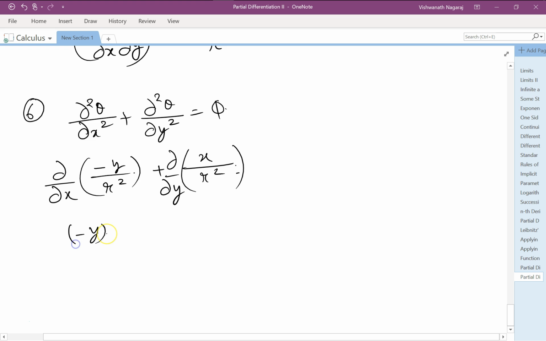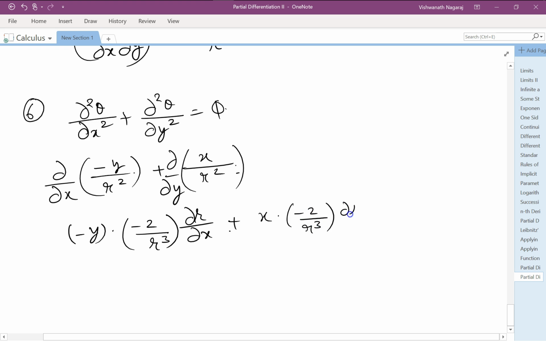Minus y times 1 by r square, minus 2 by r cube times dou r by dou x, plus here it will be again x times minus 2 by r cube times dou r by dou y.